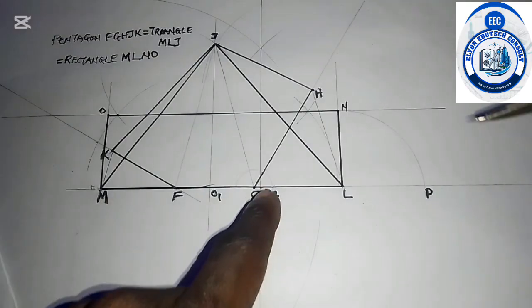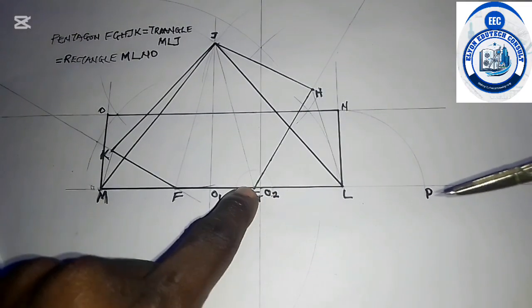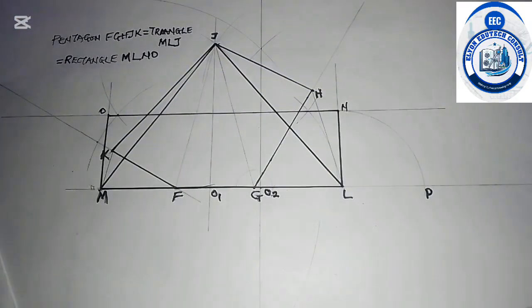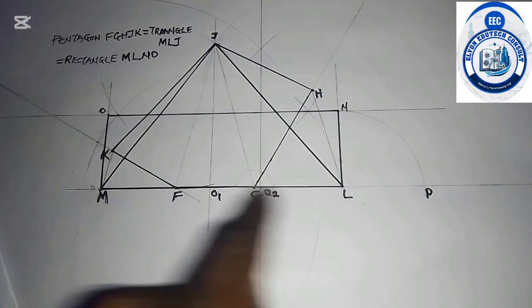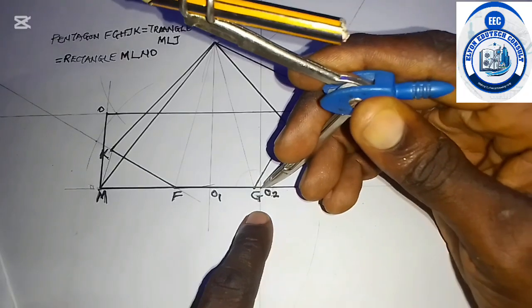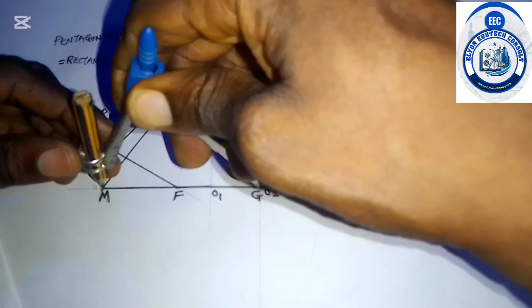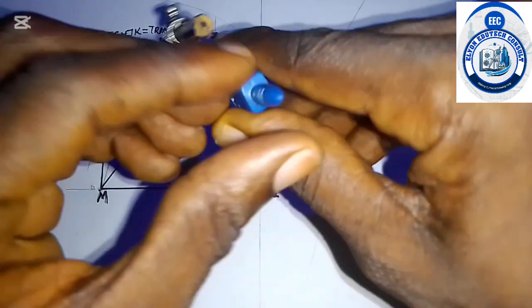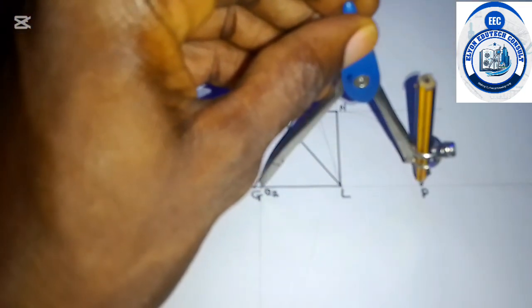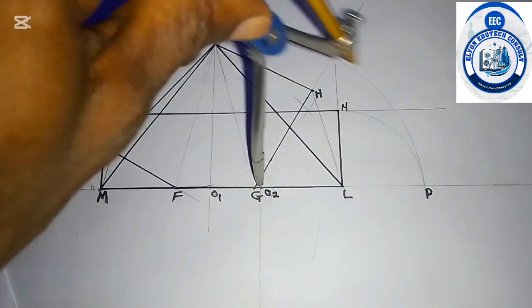I will put the needle on O2, not G. Please do not make this mistake: where this line intersects the line MP, like I said. So needle on this O2 now. Stretch your compass to this M, so you can see that it is touching at P here. So what do I do? I'm going to draw a semicircle.